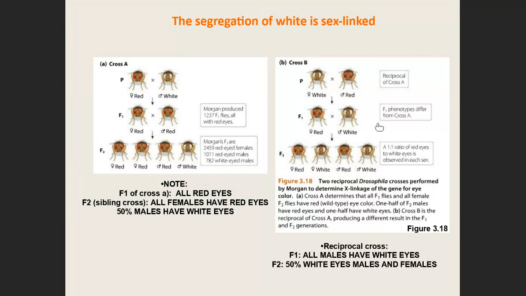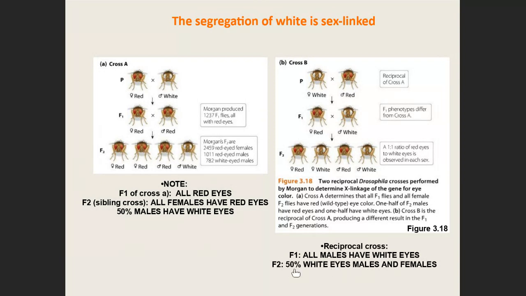You do a sibling cross here of F1 between females with red eyes and males with white eyes, and then there you get a 50-50 F2. Half the females have the phenotype and half the males have the phenotype, so it's a 1-to-1 ratio. So in the reciprocal cross, all the males have the white eyes in the F1, and 50% of males and females have white eyes in the F2.